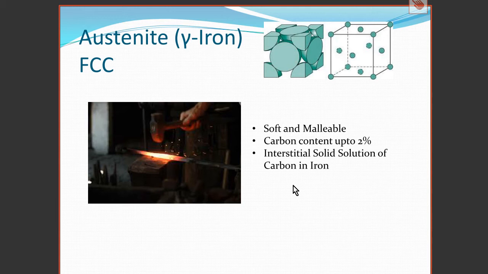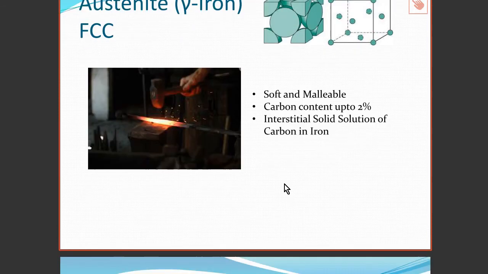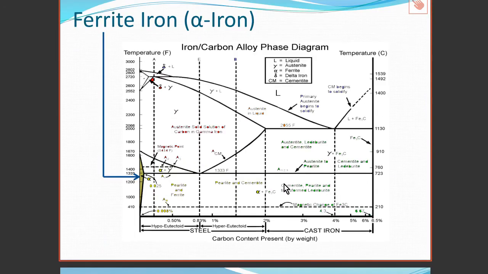And austenite is an interstitial solid solution of carbon in iron. Okay, so that's the high temperature form of iron and carbon.